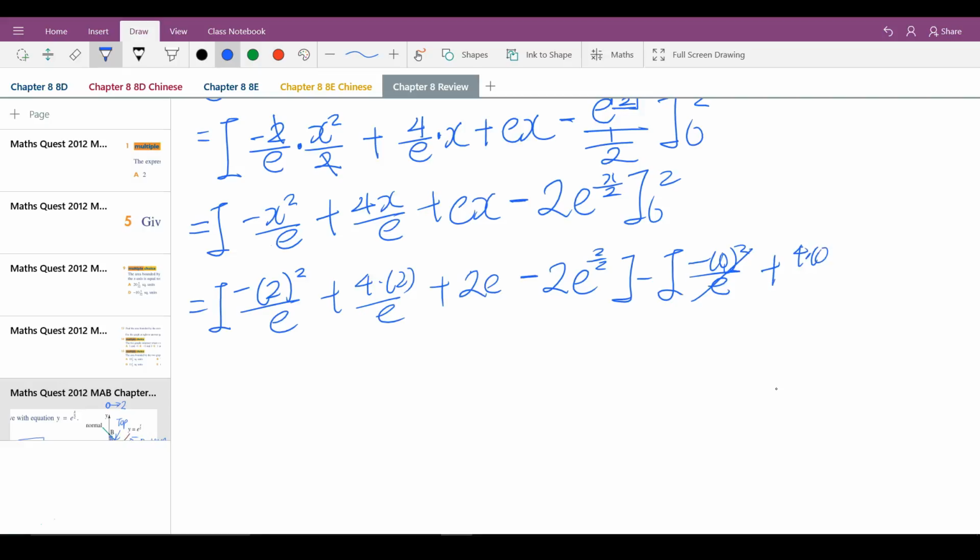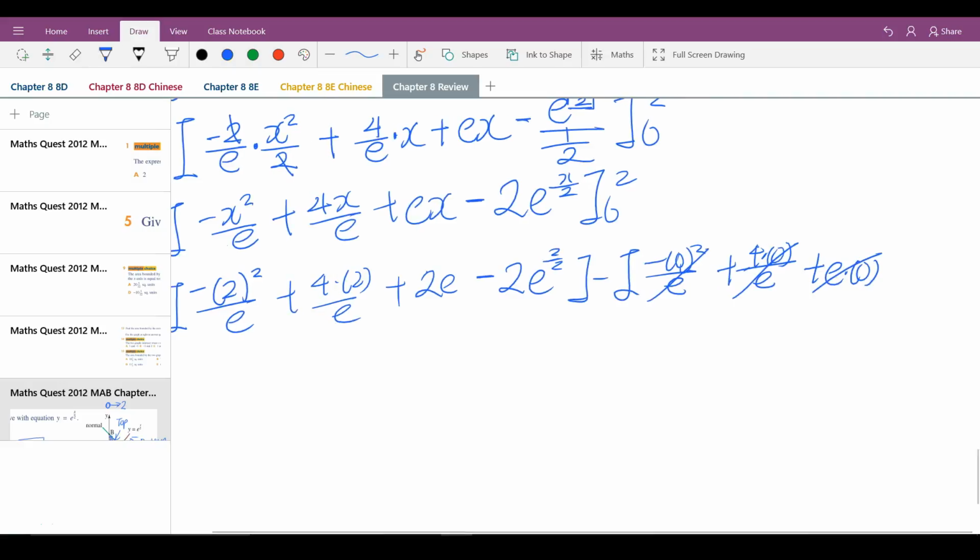And that is 0. Boom, 0. But the last one is not. Negative 2 times e to the power of 0, that is just 1, so negative 2 times 1 is negative 2. So that last bit is not 0. There's no more.